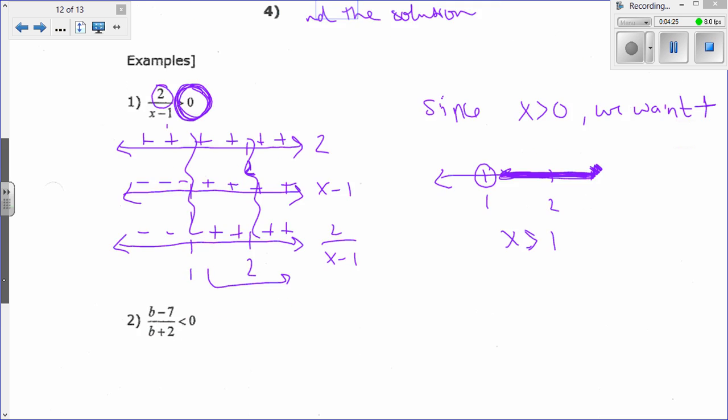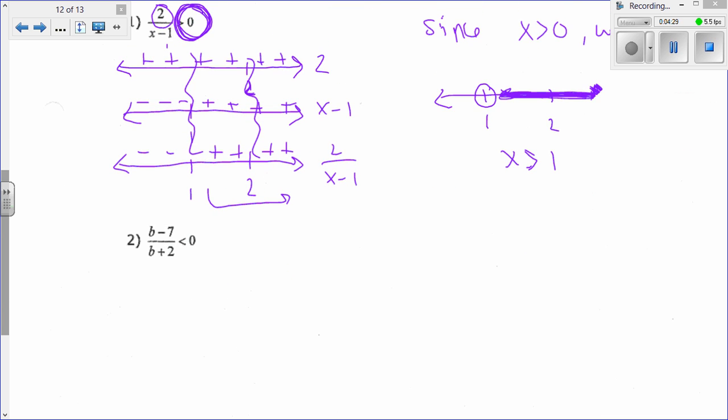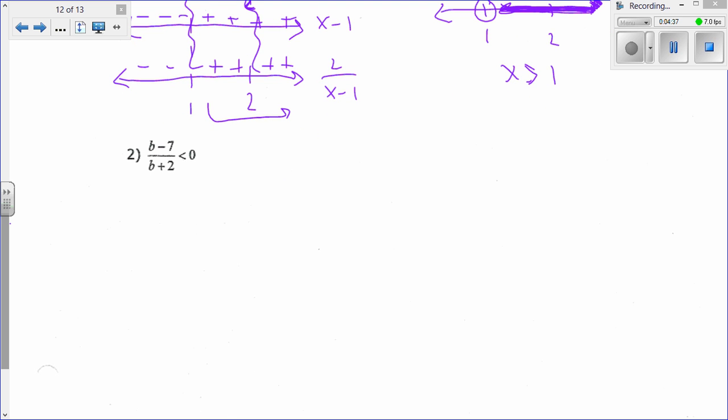All right. Let's look at number 2. I have b minus 7 over b plus 2 is less than 0. Well, I'm going to need to draw 2 number lines plus a number line for my answer.